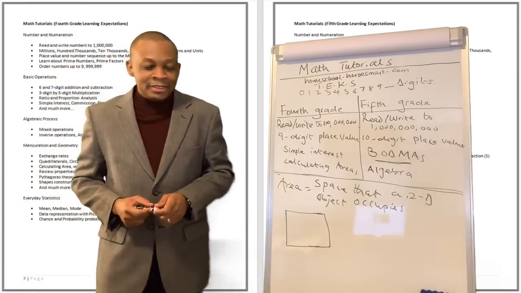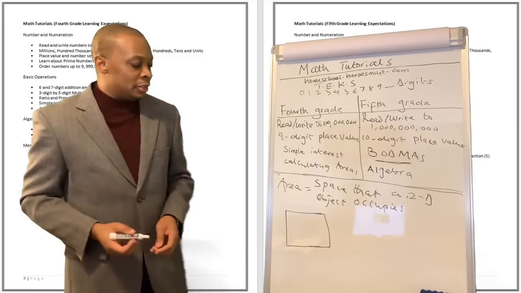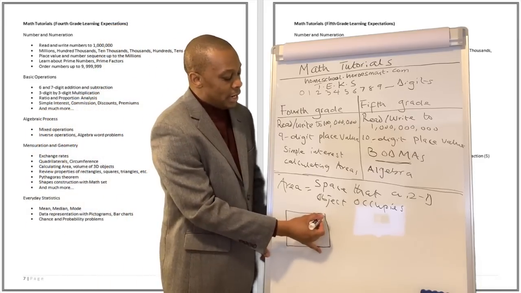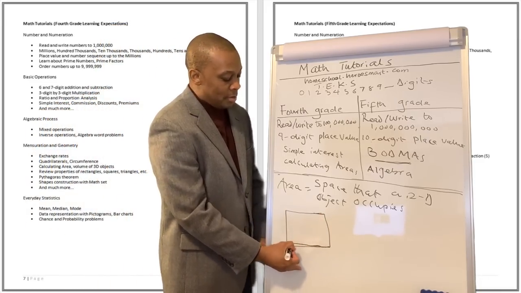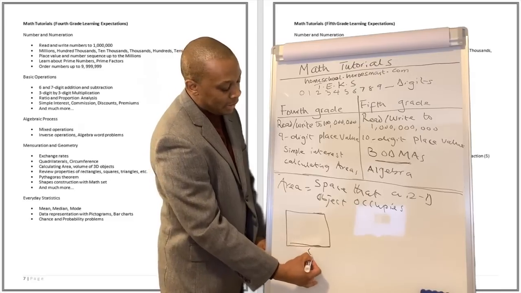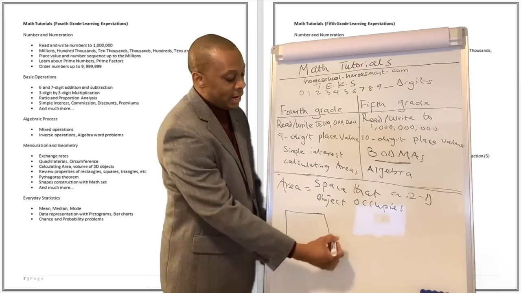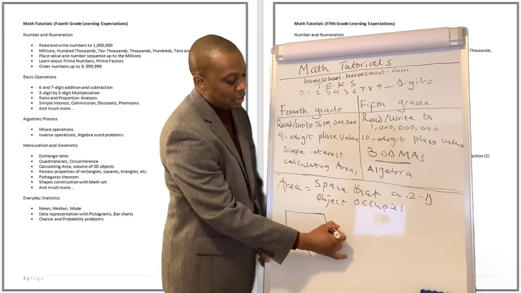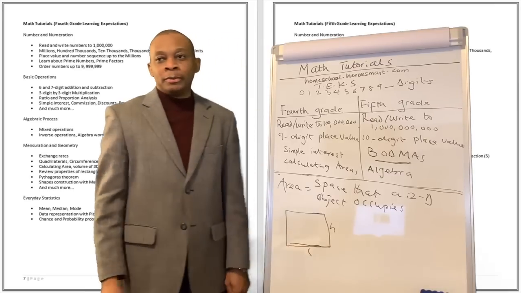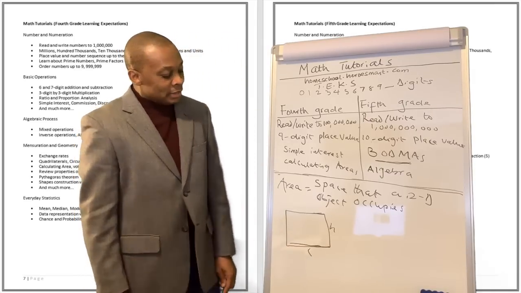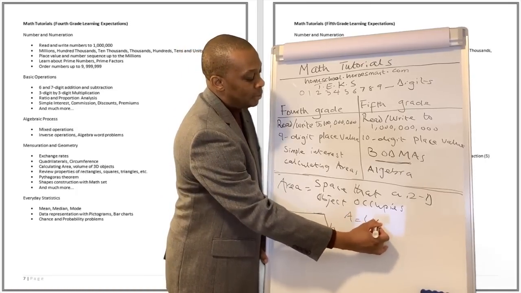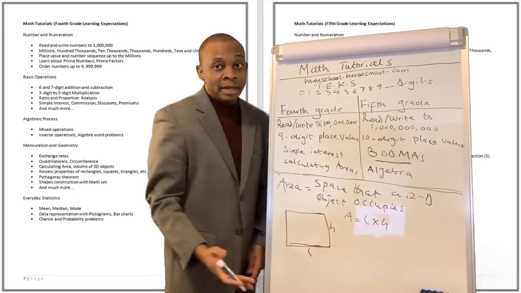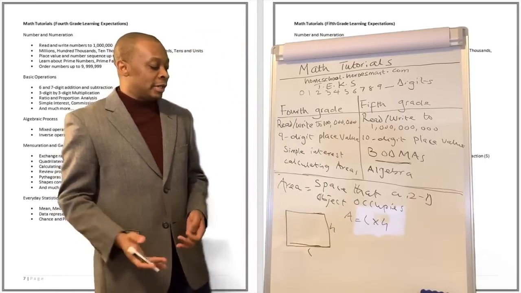So you can use this example to teach them, how do we calculate the area of a rectangle? Well, we calculate the area of a rectangle by multiplying its length by its height, for example. The area in this case is going to be equivalent to L multiplied by H, length by breadth, or length by height, or whatever you want to call it.